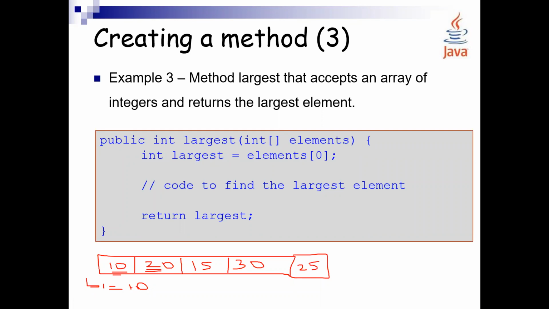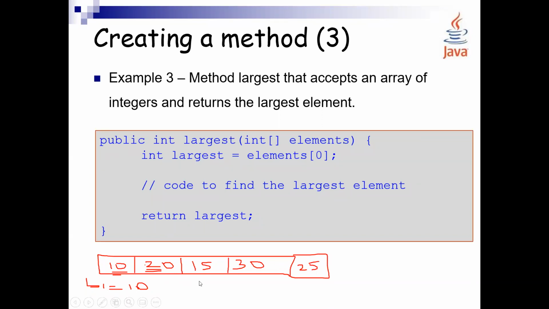Okay? So now if you check the first element, and the first element is less than the second element, the biggest remains the first element if the first element is greater than the second element. Otherwise, the biggest becomes the next element.